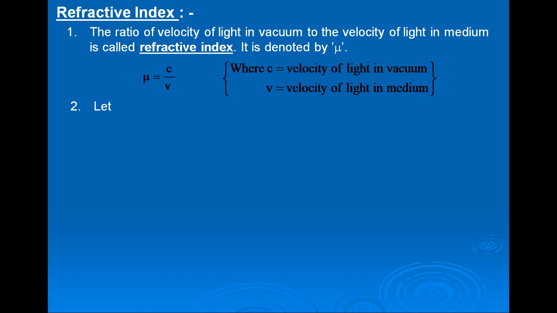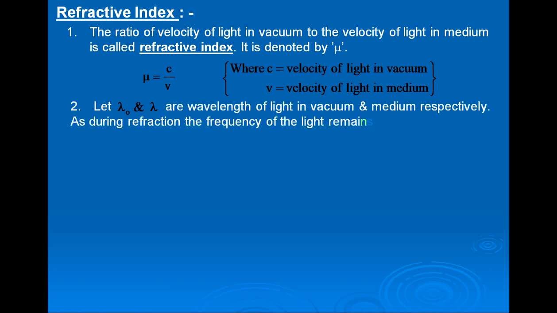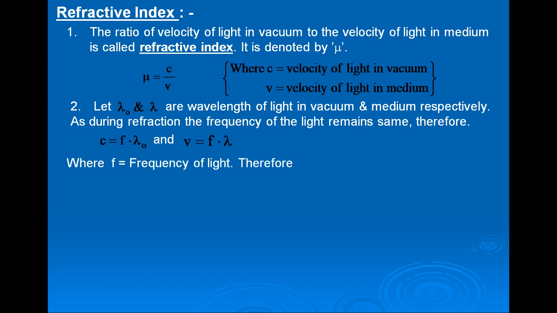Now, to explain the second definition, let lambda naught and lambda be the wavelengths of light in vacuum and medium respectively, as during refraction the frequency of light remains the same. Therefore, C is equal to F lambda naught and V is equal to F lambda, where F is the frequency of light.